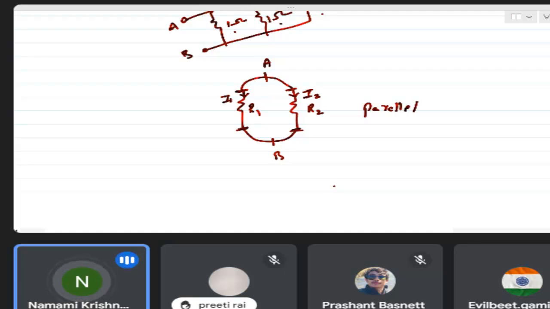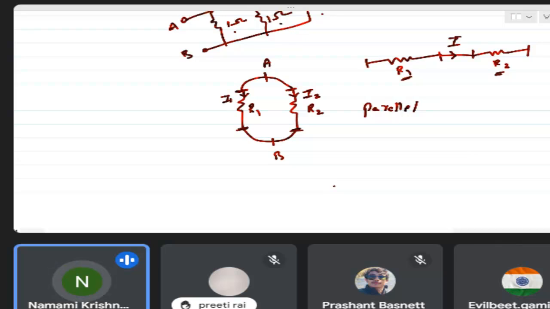And if the resistances are connected in this manner, let's say this is our resistance number 1 and this is our resistance number 2, and this end is connected to this end only, then R1 and R2 are in series. Another trick for identifying whether they are in series or parallel is to check the current.